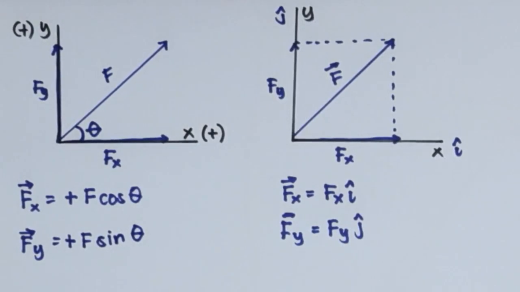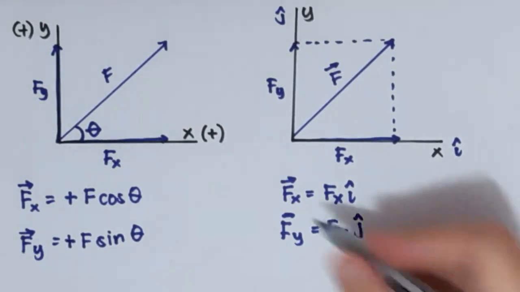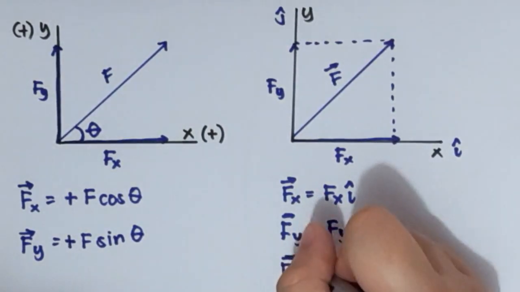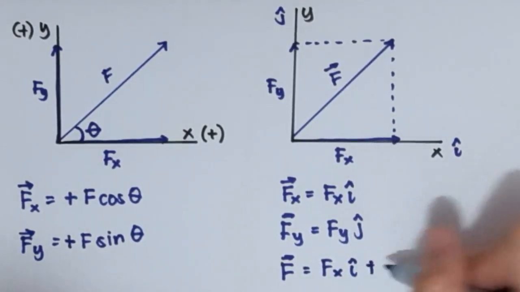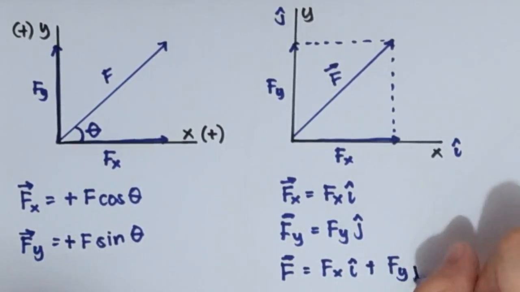So, to finally determine our force vector, for scalar notation, it will be just like this. The force vector is represented by Fx or Fy. While for Cartesian notation, we can have our force as Fx i hat plus Fy j hat.